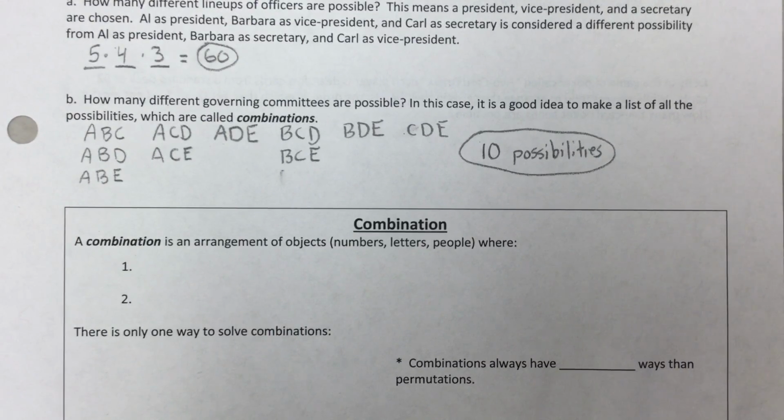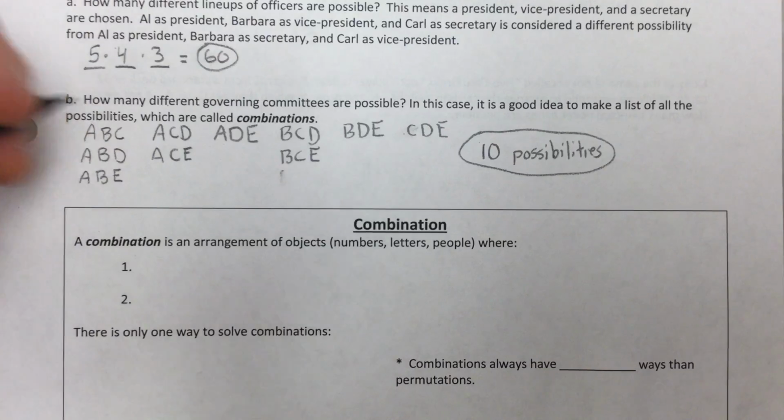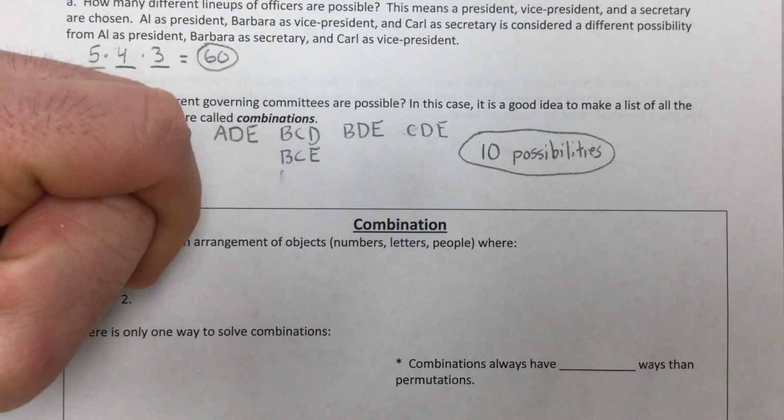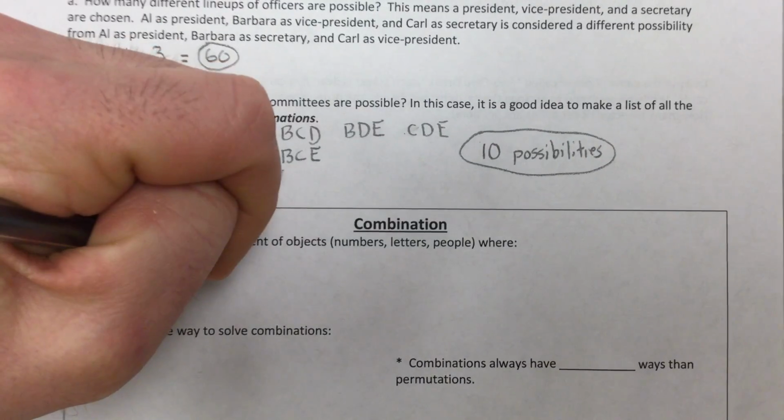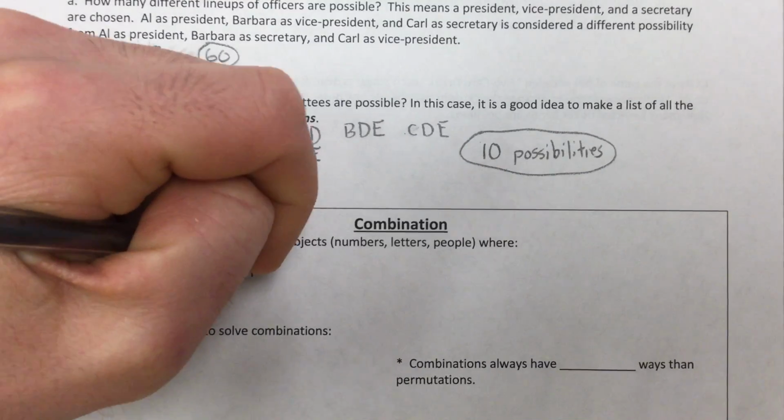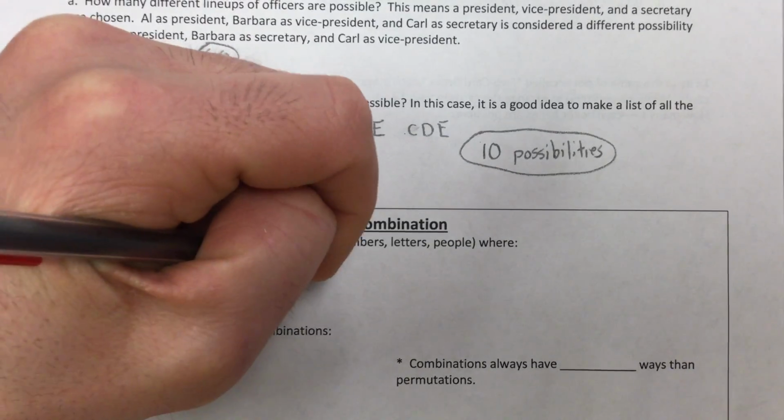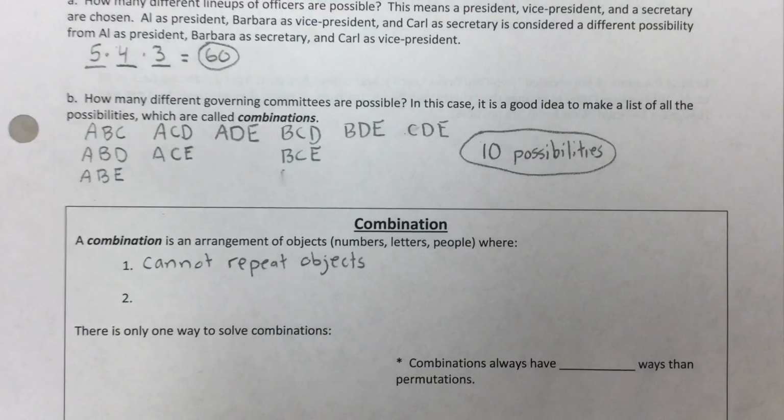So the definition starts out the exact same way as a permutation. And there's one other key piece of a combination that is very similar to a permutation: you cannot repeat objects. So again, as of right now, this is the exact same definition as a permutation.